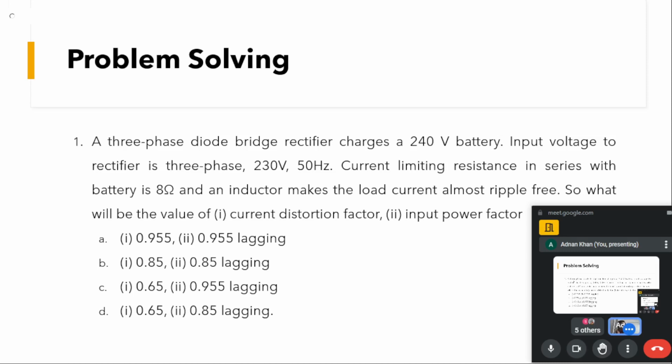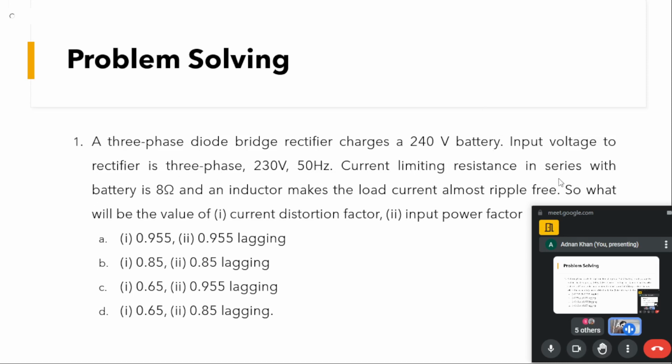In the first question, what is given is a three-phase diode bridge rectifier charges a 240 volt battery. The input voltage to the rectifier is a three-phase 230 volt 50 hertz.